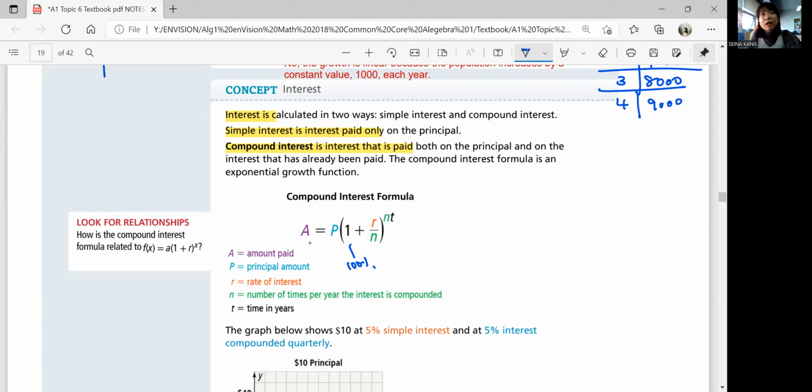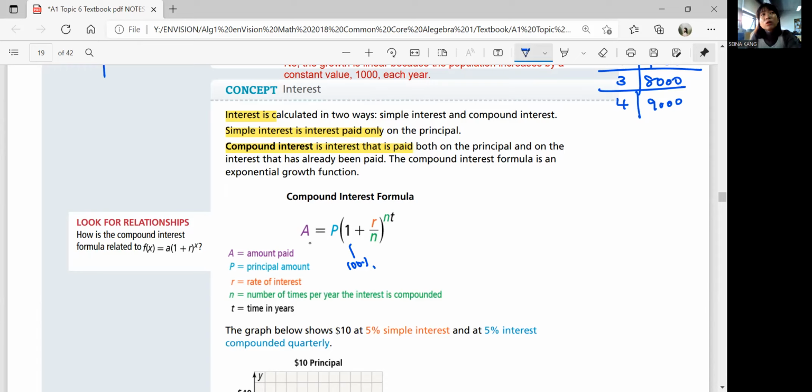So every year you might get 1 time of interest or 2 times of interest per year and so on. And then all of that to the power of N, the number of times per year the interest is compounded, times t, the time in years.